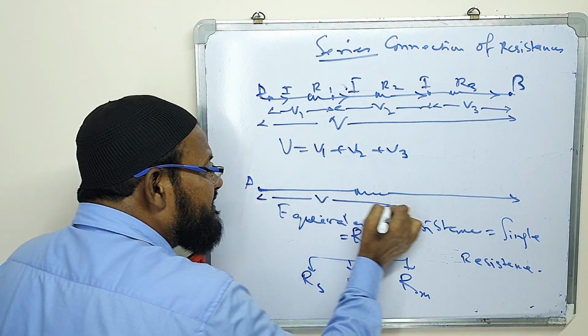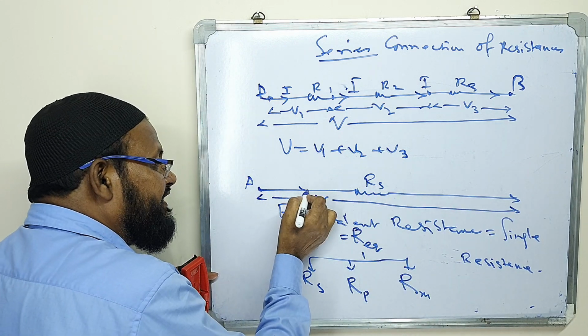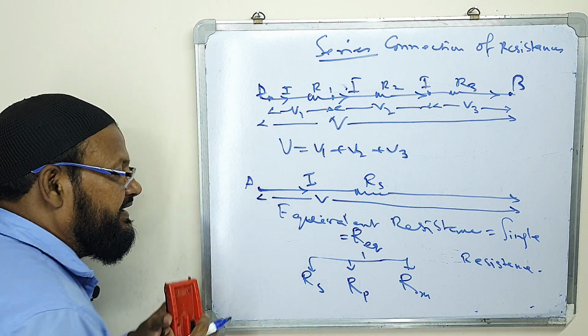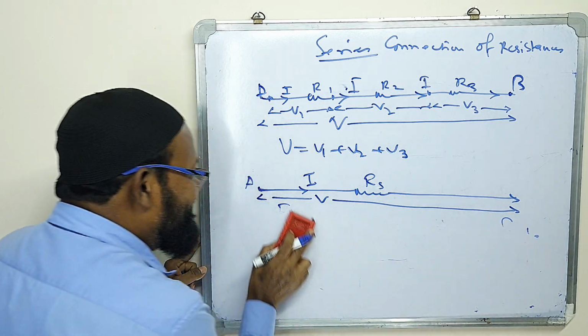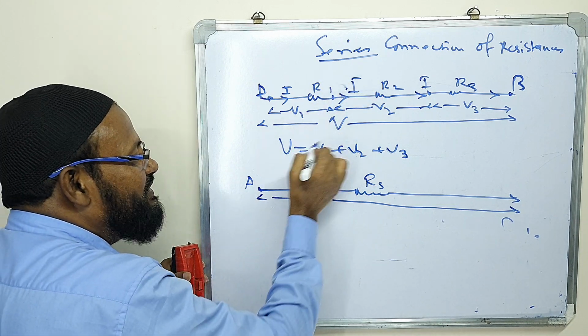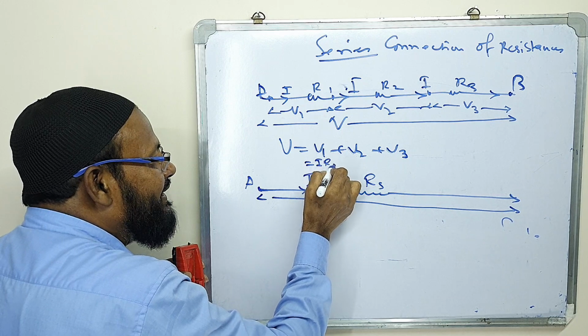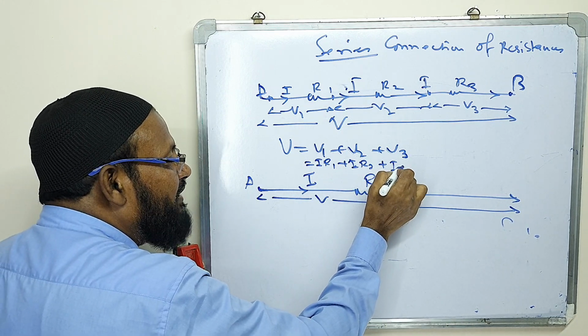Therefore, this is V, this is Rs, and this is I. Now V1 equal to IR1, V2 equal to IR2. What is V3?